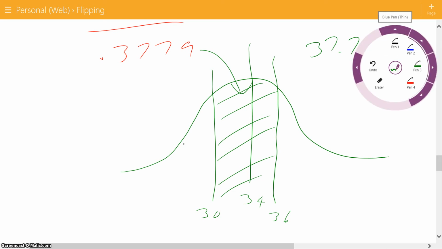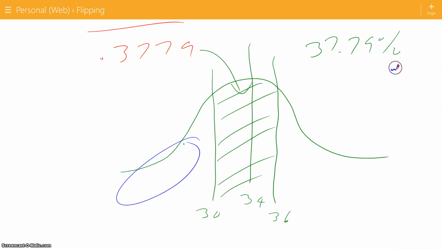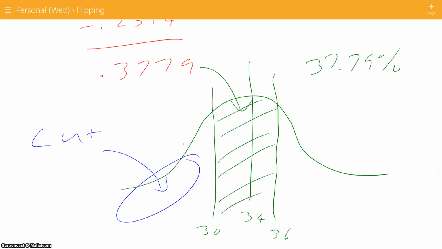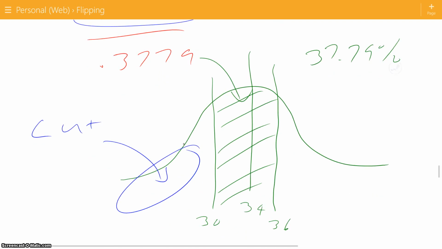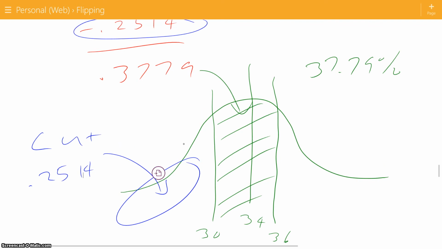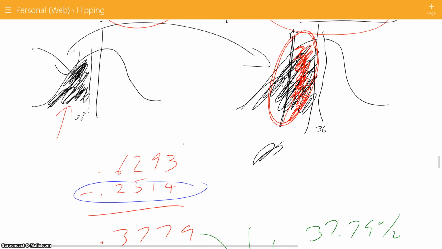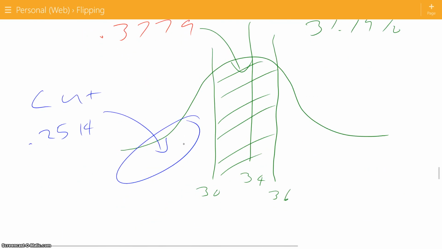This area down here that was cut, that is the 0.2514. I'm not using that. I had to subtract that from the area, from this whole thing over here, in order to get just the desired part that I wanted.